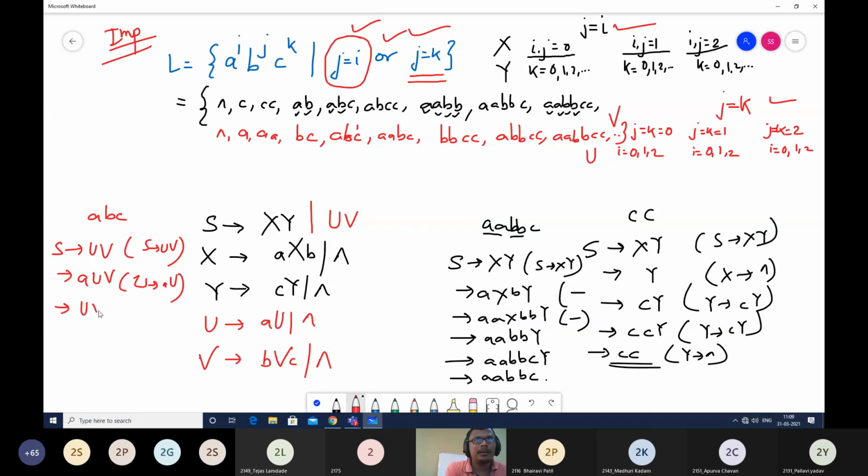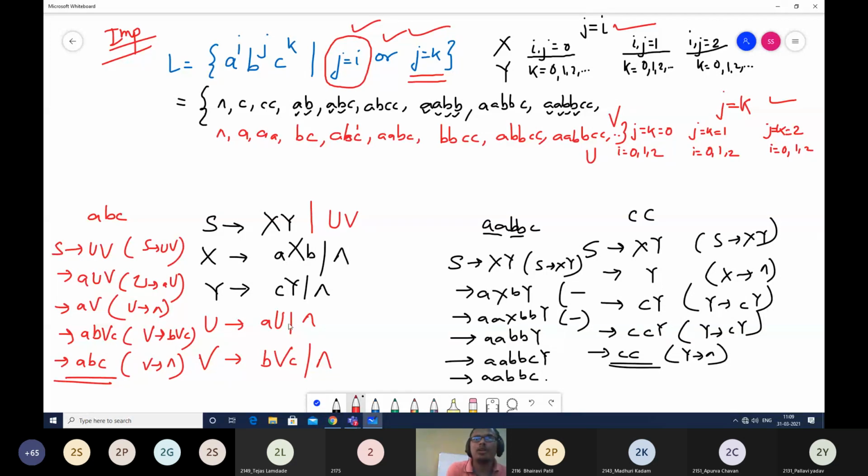Then I apply U gives null. So one A is done. Then I need one B and one C, so I'll apply V gives BVC. This will give me one B and one C. Then I'll apply V gives null. So my string ABC will be accepted.